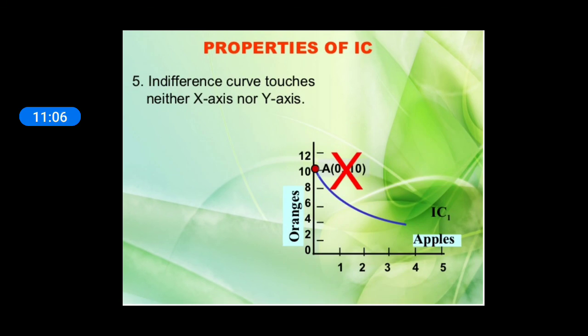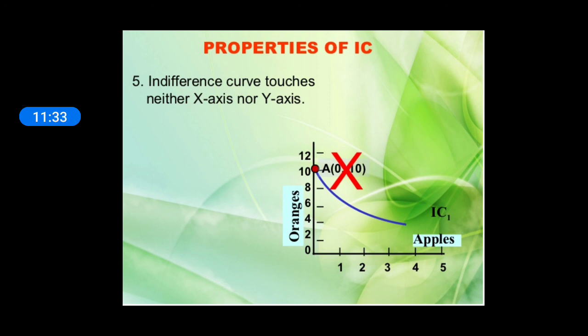Next is that an indifference curve never touches the x-axis or the y-axis. Dear students, an indifference curve never touches the x-axis and never touches the y-axis. If it touches any one axis, then it means the consumer is consuming only a single commodity and his demand for the other commodity is zero. But an indifference curve never shows a single commodity, it shows a combination of two goods.